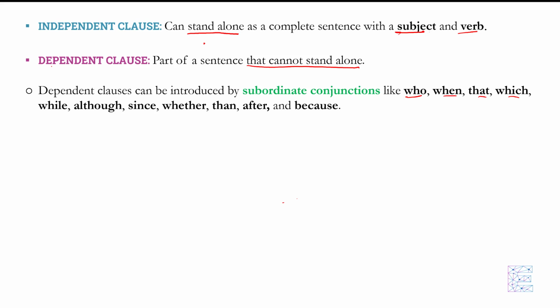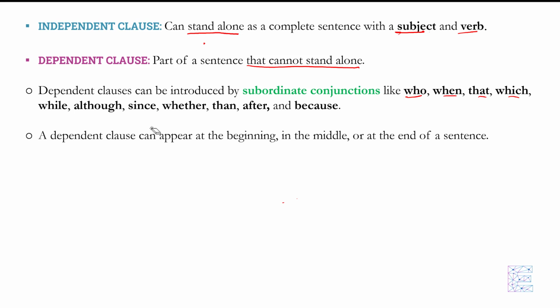Just know that the dependent clause is signaled by words like who. What comes after any of these subordinate conjunctions is a dependent clause. Let's keep going. Dependent clauses can be anywhere in a sentence. It can be at the beginning, in the middle of a sentence, or even at the end of a sentence, as you will see, because we're going to look at various sentence formulas in just a few moments.